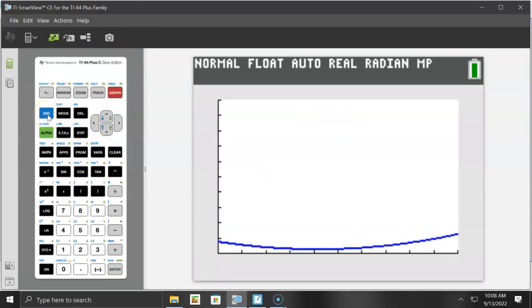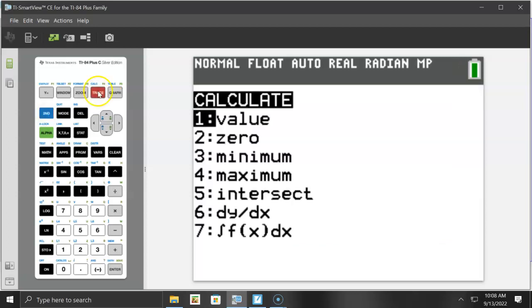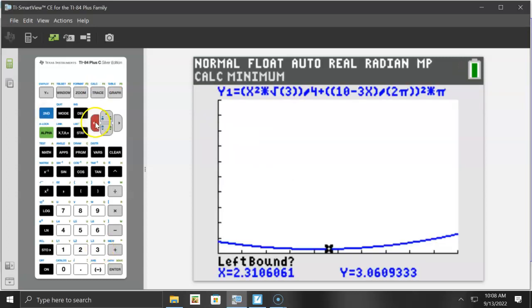I know my window looks odd, but I'm going to leave it because we're going to need the window for number 2. Yours is not going to look like mine.